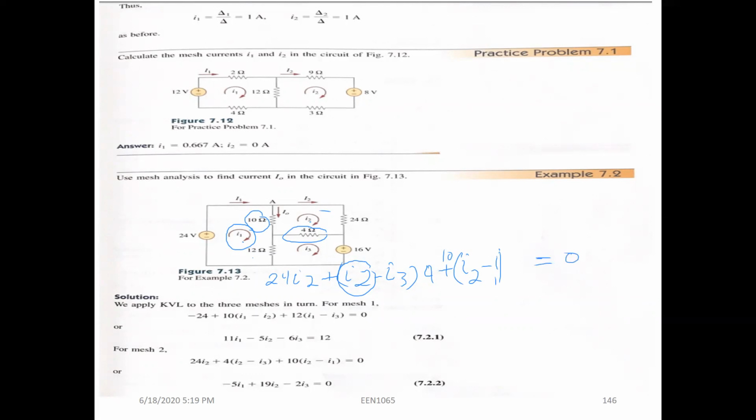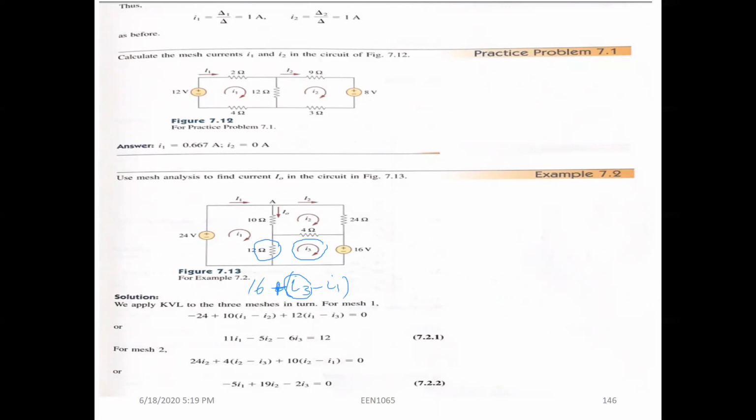Okay, and then you can collect the similar terms. Let's do the third one. Let's start with the 16, so it will be plus 16. And then this is the common one, so it will be I3 minus I1, because I'm applying KVL around loop number 3. So my I3 will have the plus sign, and I1 and I2 are the neighboring meshes.